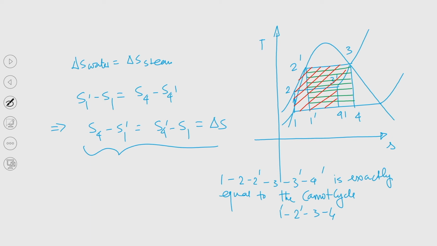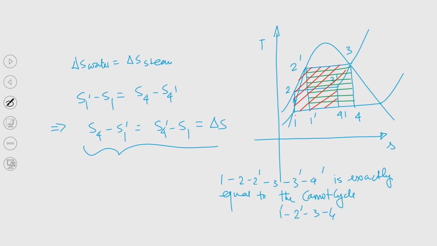Try to understand, since delta S water equal to delta S steam, from this TS plane you can see the area 1 prime, 2 prime, 3 and 4 will be equal to the area 1, 2, 2 prime, 3, 3 prime, 4 prime. What does it mean?